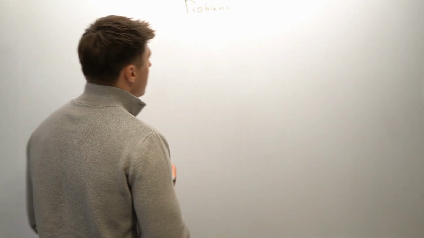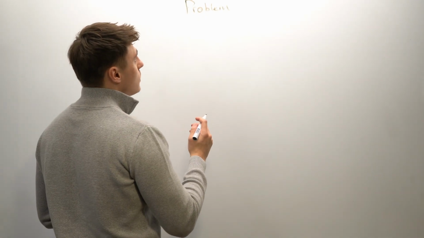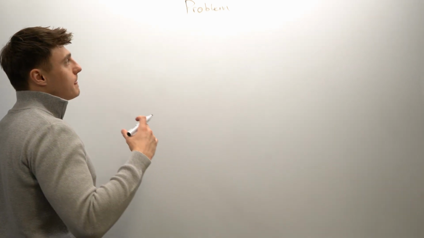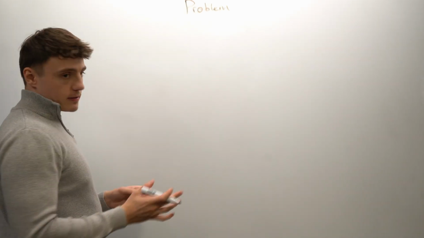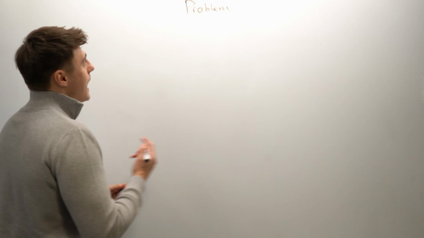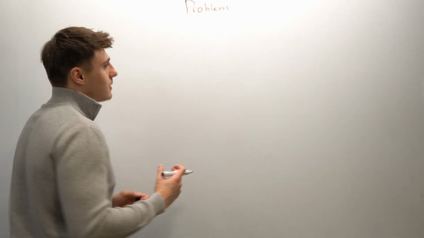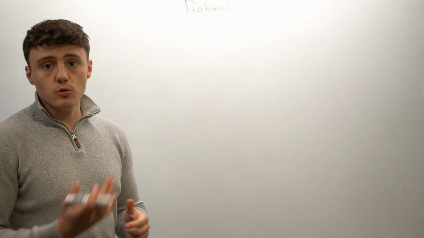Now, I said ideal customer there, so the problem needs to be geared towards someone who experiences this problem on a day-to-day basis. And that type of person is someone that you can serve, want to serve, and has the budget or the money to pay for your solution.